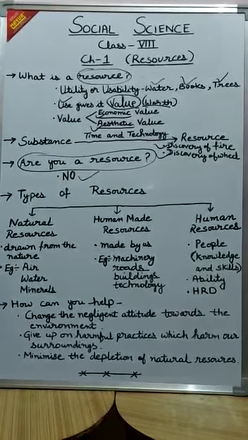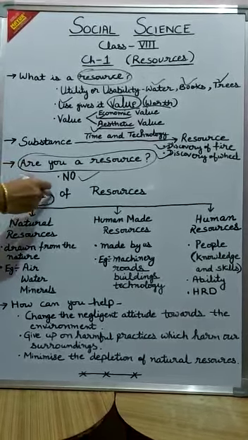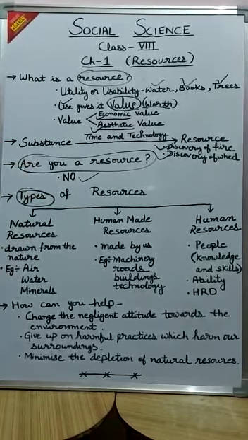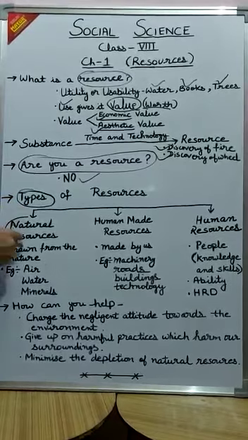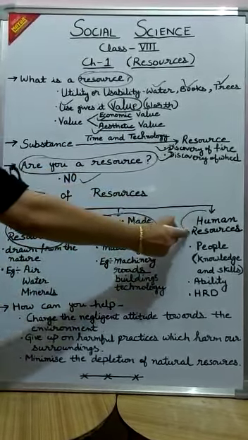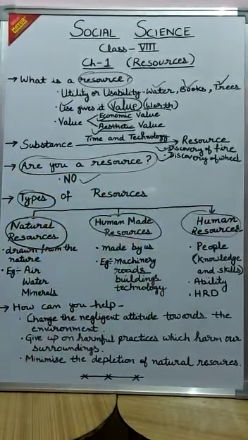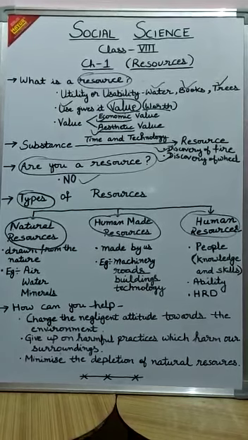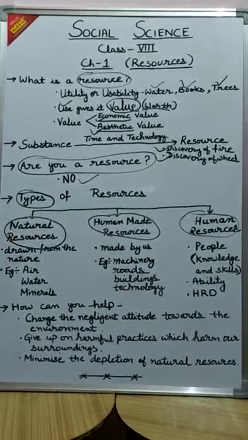Now let's study the types of resources. Resources can be classified into three main types: natural resources, human-made resources, and human resources. Let us now understand each of them in detail. Let us begin with the natural resources.